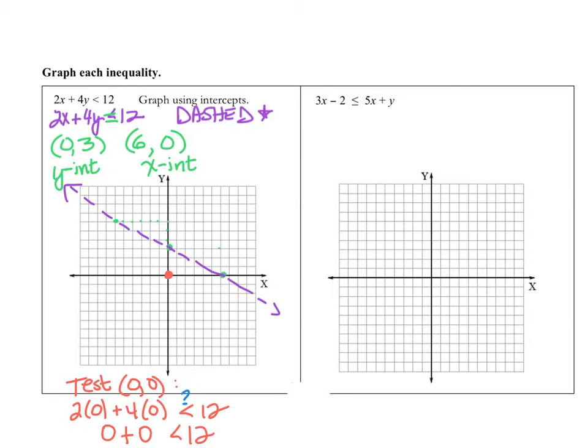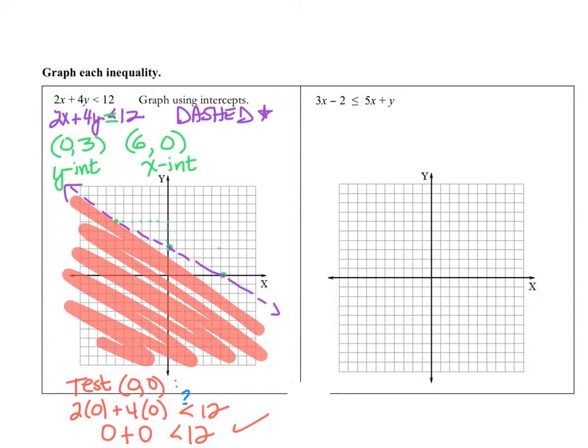That's true. Since it's true, we shade toward the direction of the test point. So that means we're going to shade in the direction of 0, 0. So shade on this side of the graph. I kind of missed a little bit there.